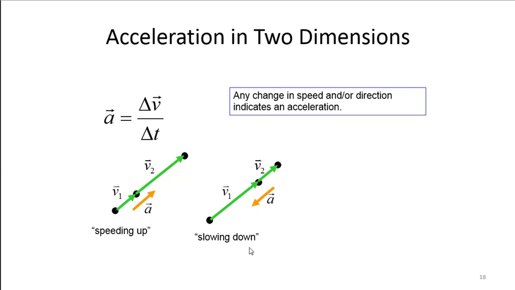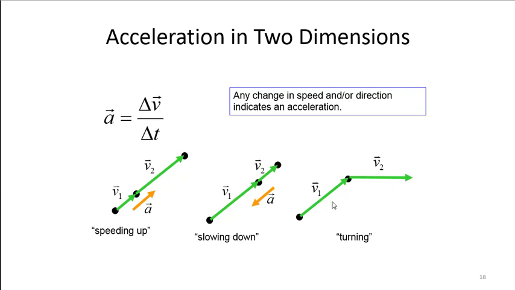Now let's consider an object where the speed is constant. It's not slowing down and it's not speeding up because the length of this velocity vector is the same as the length of this velocity vector. So the speed is the same, but the direction has changed. This object is turning.